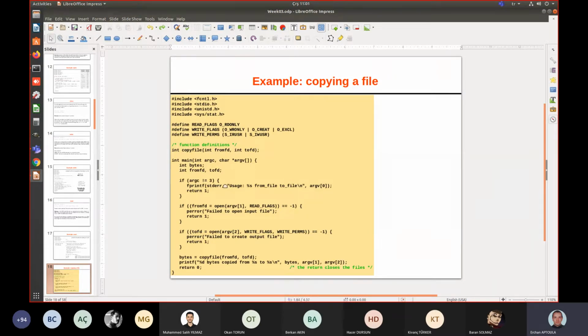If argc is not equal to 3, we print on screen how to use this program. I want you to always do this in your homework projects. Always have a function printing on screen how to use your program. Always. Now, what does it do then? It opens the source file.